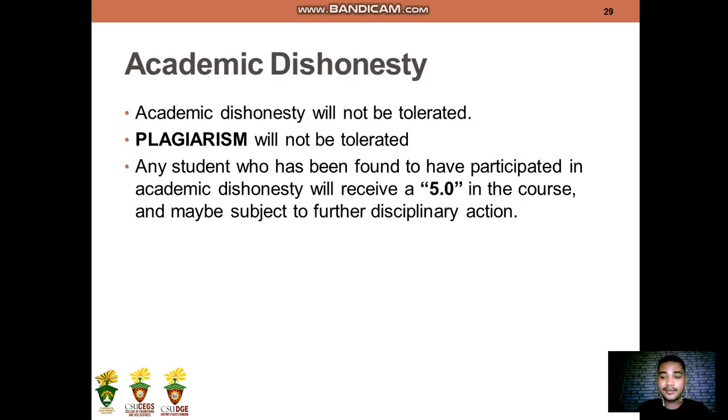And again, we, the faculty members of Caraga State University, will not tolerate academic dishonesty. Plagiarism will also not be tolerated, and any student found to have participated in any academic dishonesty will receive a grade of 5 in the course and may be subject to further disciplinary action.